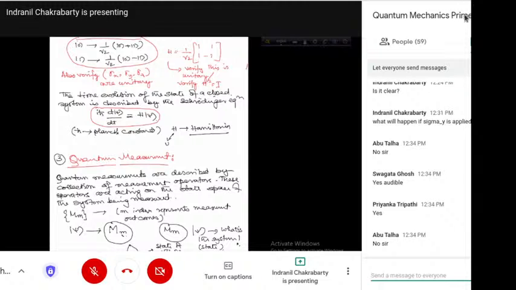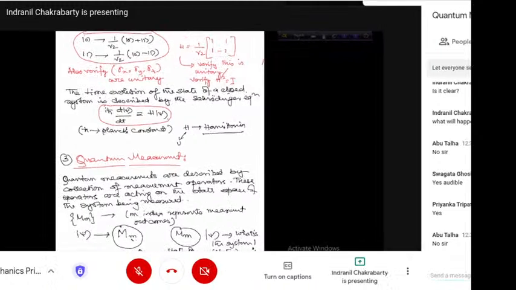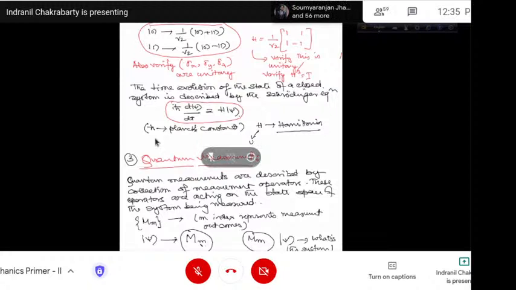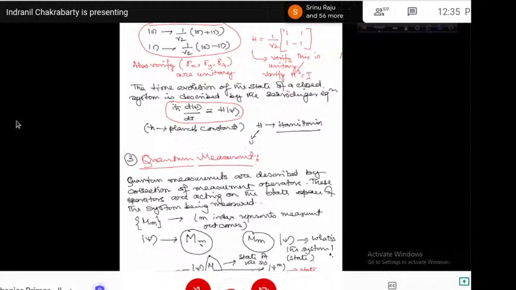Now I have already asked you to verify that sigma y, sigma x, sigma z are unitary. But for the time being, tell me if sigma y is applied on 0 and 1, what output am I getting, which vector am I getting?